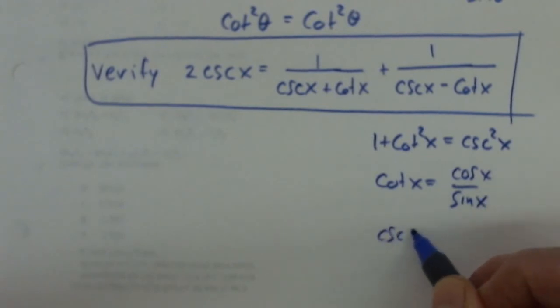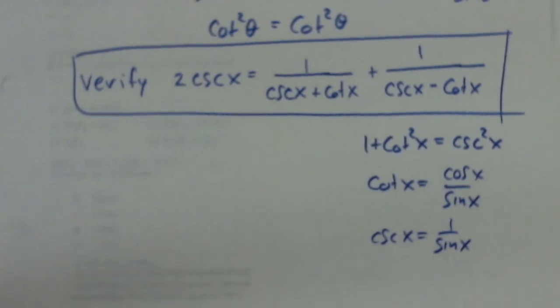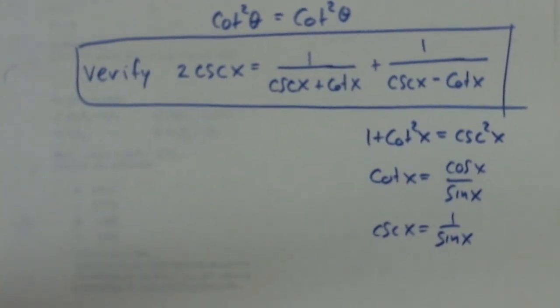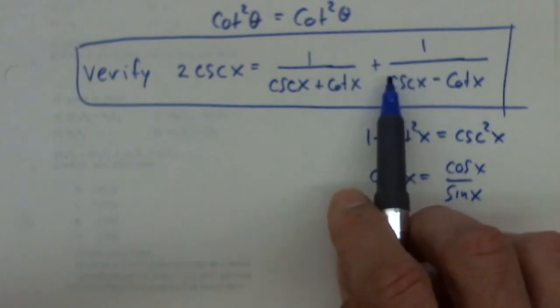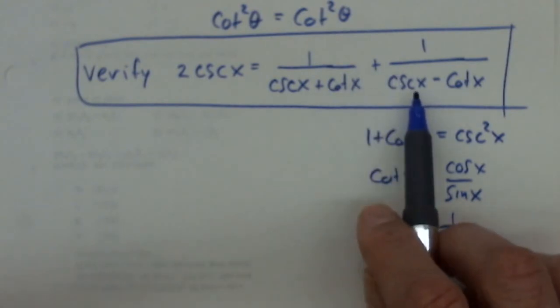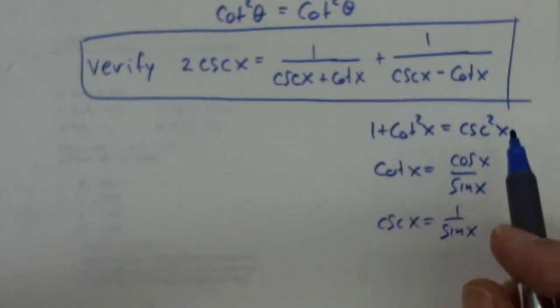And we have cosecant is 1 over sine. When you have two things that are added together, we can get a common denominator. So let's try that.